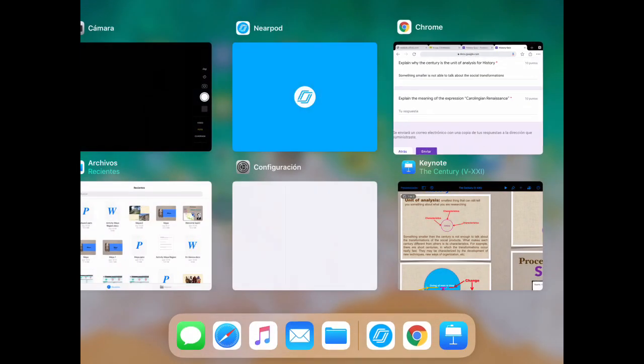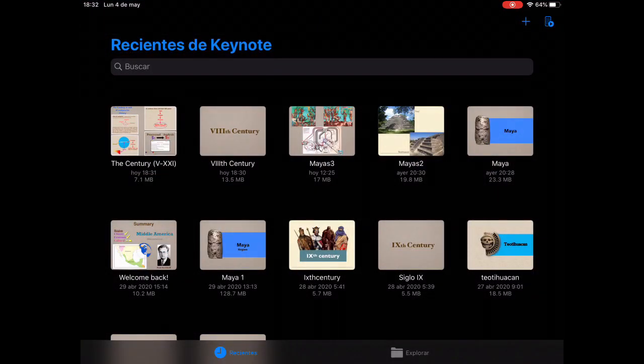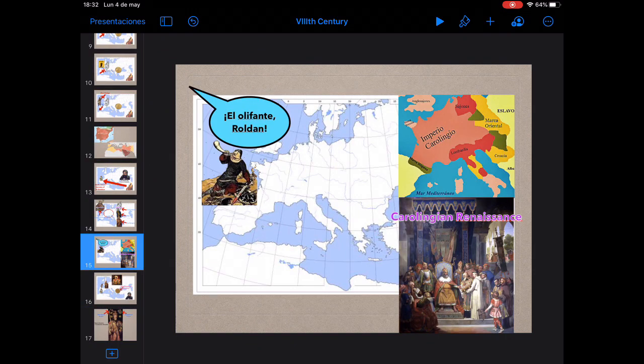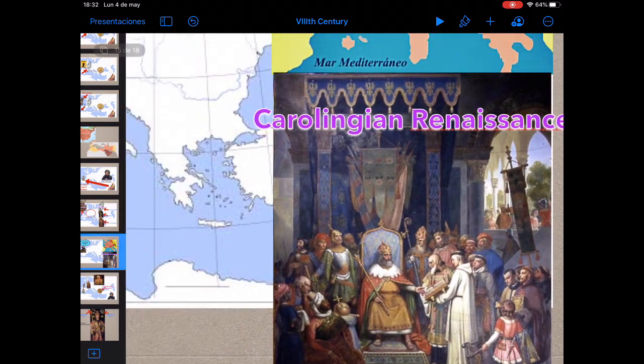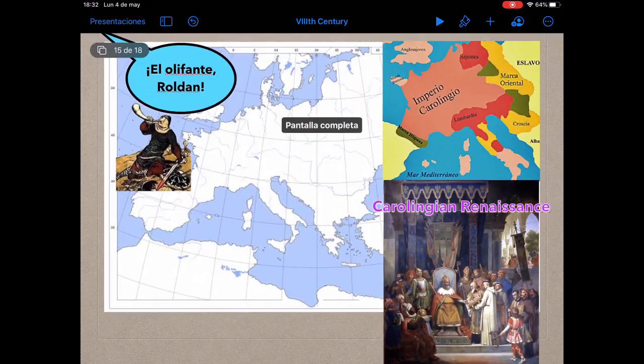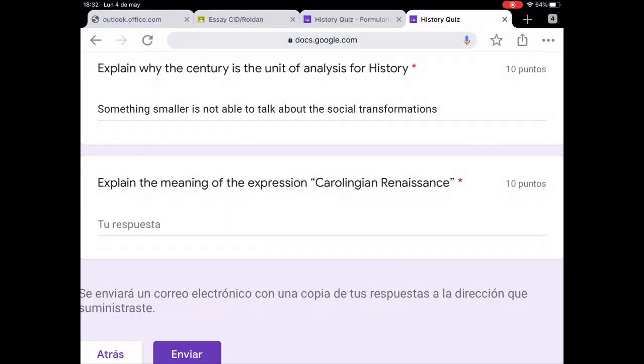And finally, explain the meaning of the Carolingian Renaissance. So again, if we go to our 8th century card, we see over here precisely the Carolingian Renaissance. And if you remember, we said that the Carolingian Renaissance is this moment in time in which the Carolingian rulers are going to have money again, enough money to try to rescue the classic culture.